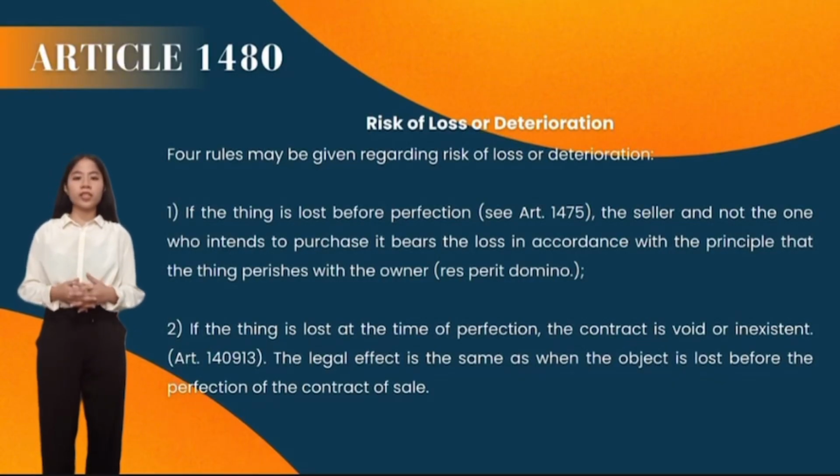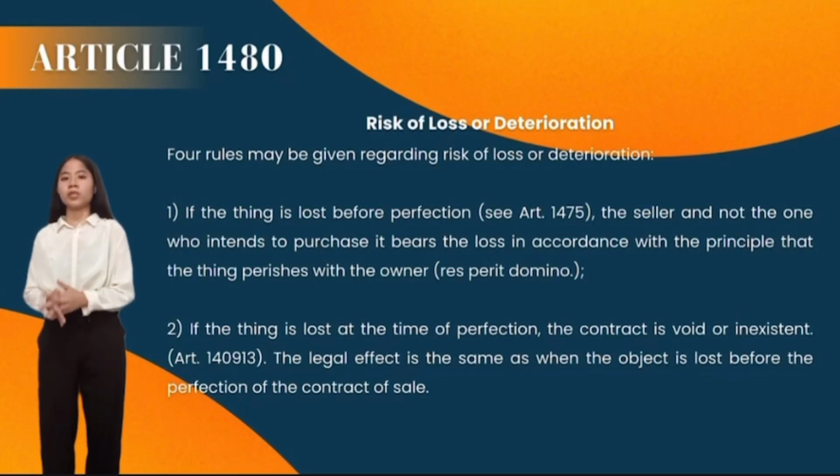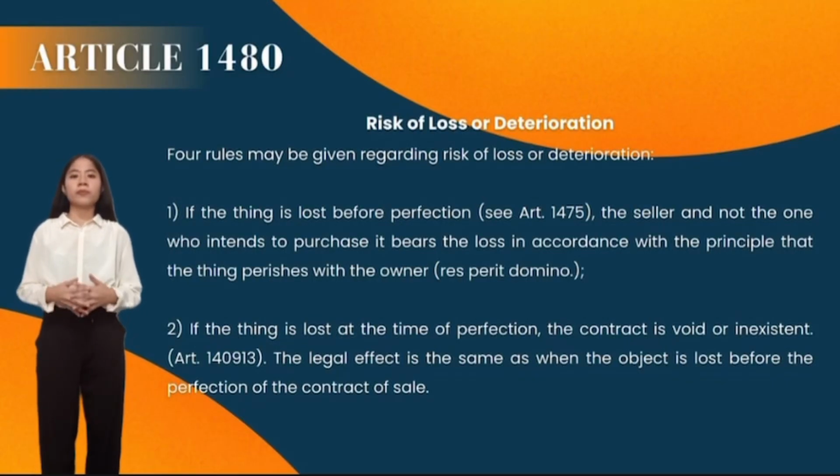Number three, if the thing is lost after the perfection but before its delivery, this is an exception to the rule of res perit domino because this falls under Articles 1165 and 1162, which means that if the thing is lost without the fault or negligence of the seller, then the obligation is extinguished. Number four, if the thing is lost after the delivery, the buyer bears the risk since the buyer is already the owner of the goods.